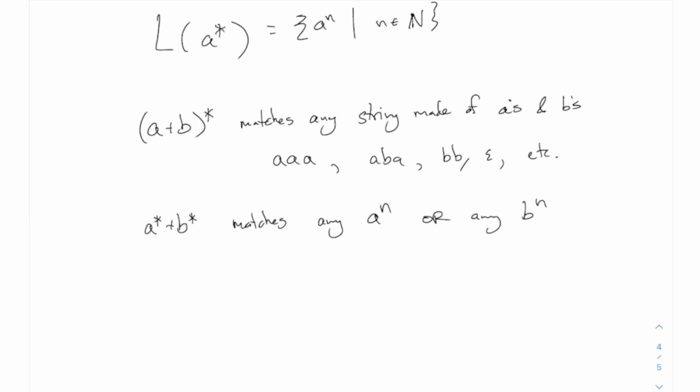So, why does having the star around the parentheses mean you could do any number of both in the same string? The star means you can repeat or do many times whatever precedes it. But having it on the individual letters means it can be one or the other, but you can't do both.